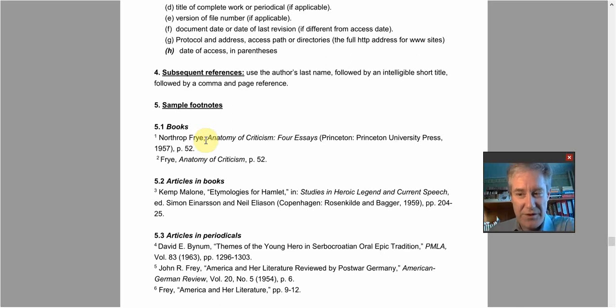Now when you're learning about footnotes and when you're making your own footnotes, you have to pay very careful attention to a lot of little details. First name, last name, comma. The comma is important. The punctuation is important when you're doing footnotes. You have to follow these rules so that all the footnotes in your essay look more or less the same. They're going to follow the same pattern. If you don't do this, it looks very messy.